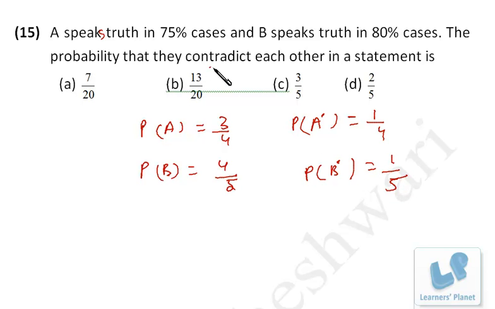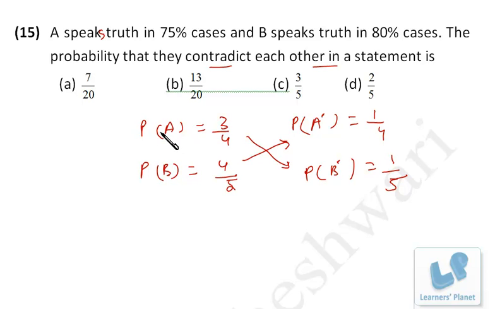Now, if we want them to contradict each other, that means for a particular statement, if A is speaking truth, B must lie, or if B is speaking truth, A must lie, right? So this and this, and both the events are, I'm sorry, mutually exclusive.